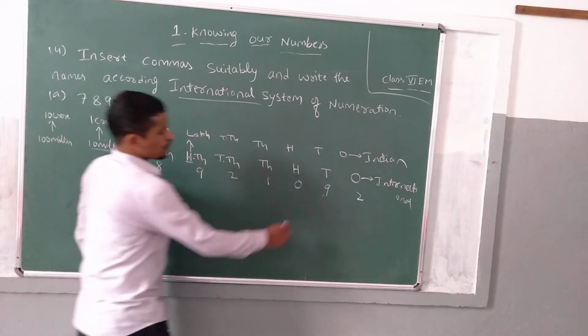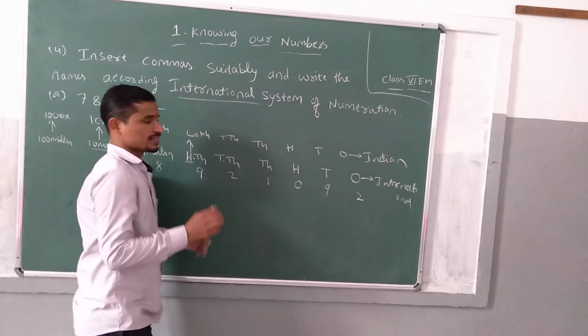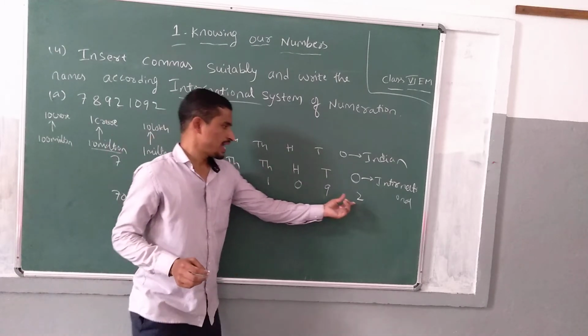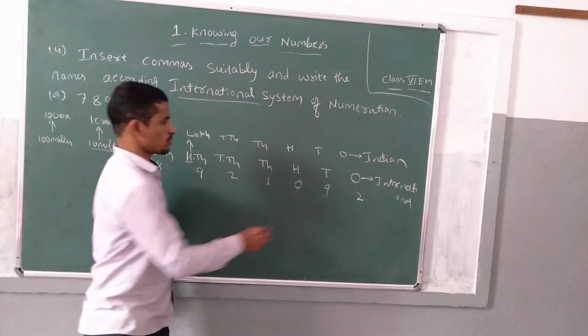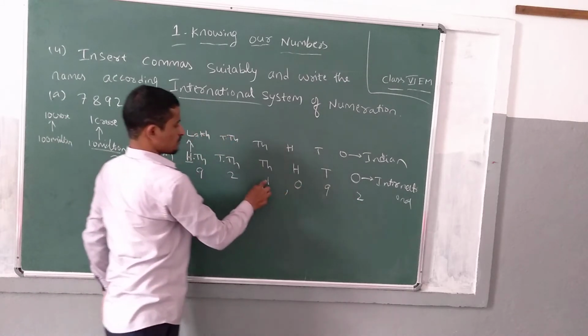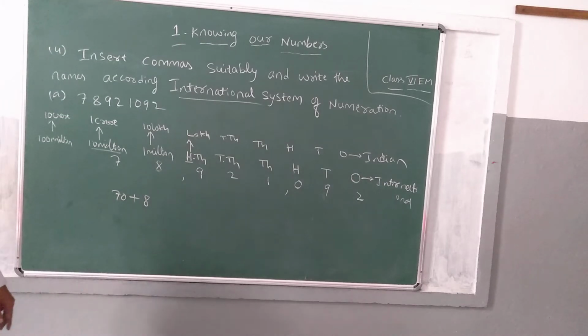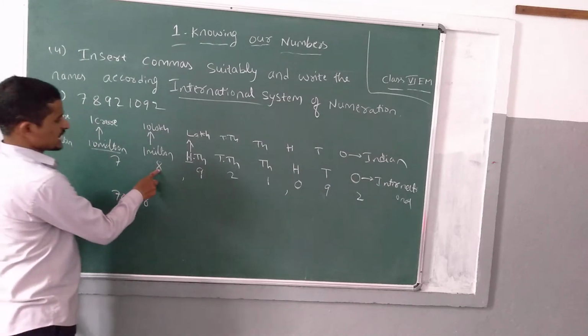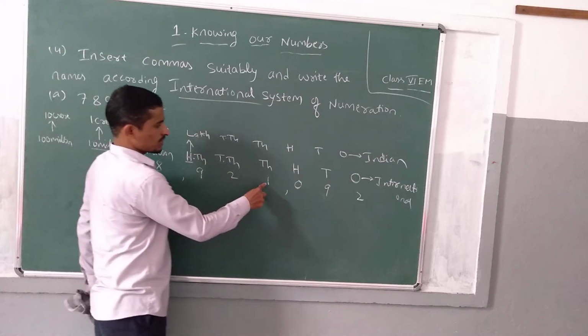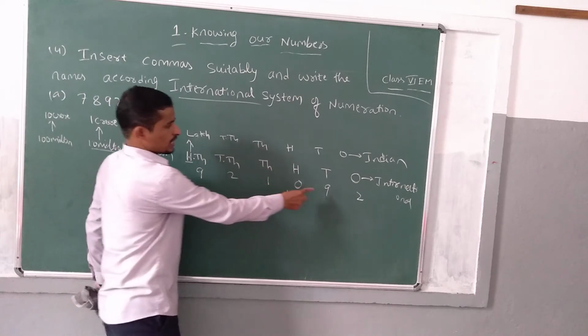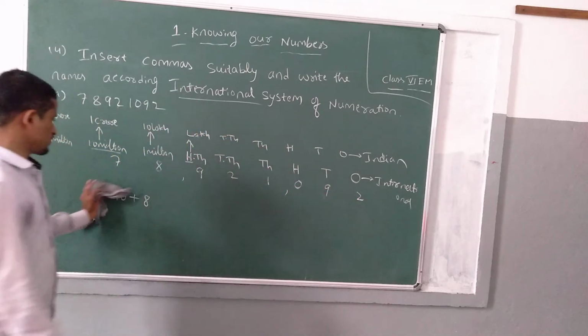Okay, so you can put the comma here according to international system. How to put the comma means every 3 digits you have to put the comma. 1, 2, 3, put the comma. 1, 2, 3, put the comma. Okay, so this happens to be 78,921,092.